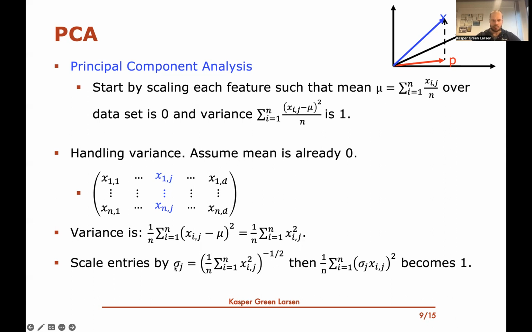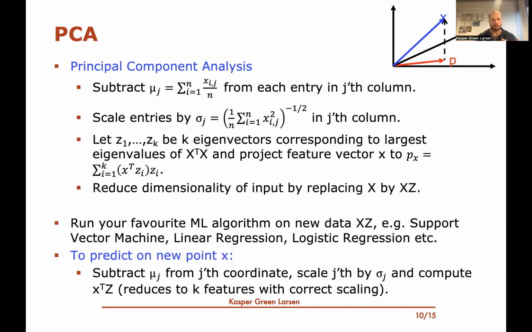If you move this around, the scaling you should use is sigma j, which is 1 over the square root of the current variance, the sum of the squares with an averaging. Because then if you replace each xij by sigma j xij and plug in this definition of sigma j, you'll see that this whole expression just becomes 1. So this is a procedure for making the variance 1 after you've already set the mean to be 0.